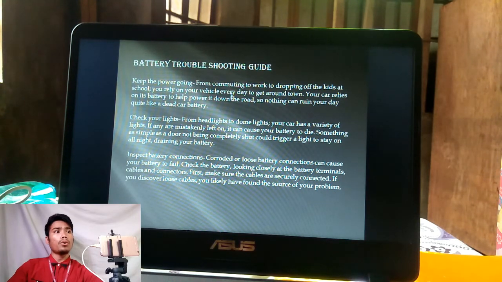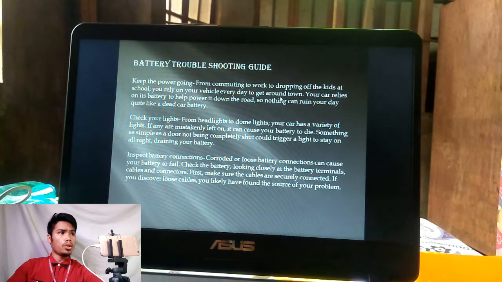From commuting to work to dropping off the kids at school, you rely on your vehicle every day to get around town. Your car relies on its battery to help power it down the road, so nothing can ruin your day quite like a dead car battery. Next is check your lights.